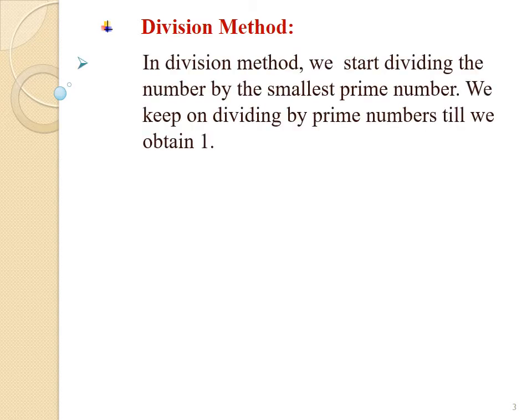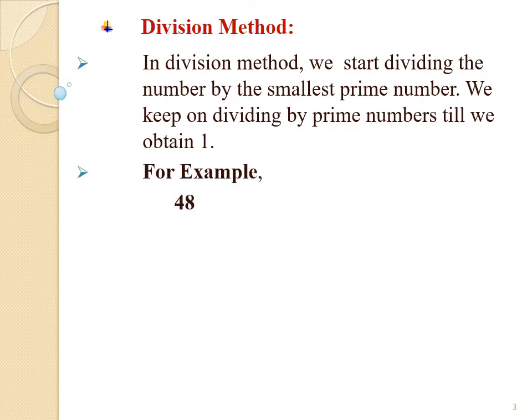Number 1. Division method. In division method, we start dividing the number by the smallest prime number. We keep on dividing by prime numbers till we obtain 1. For example, 48.